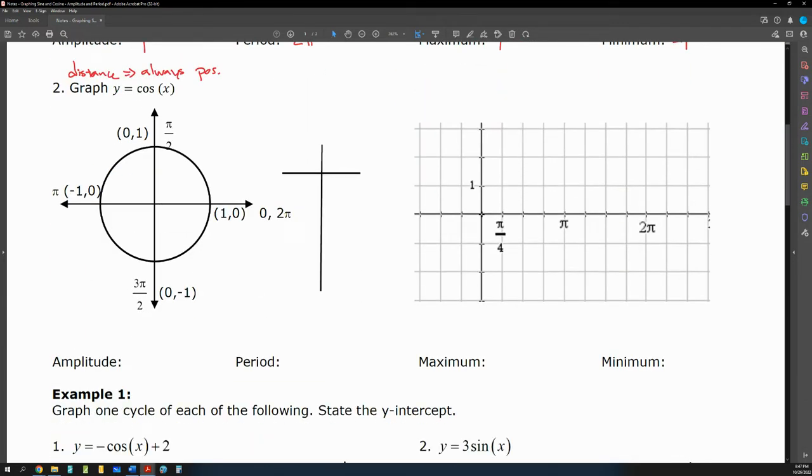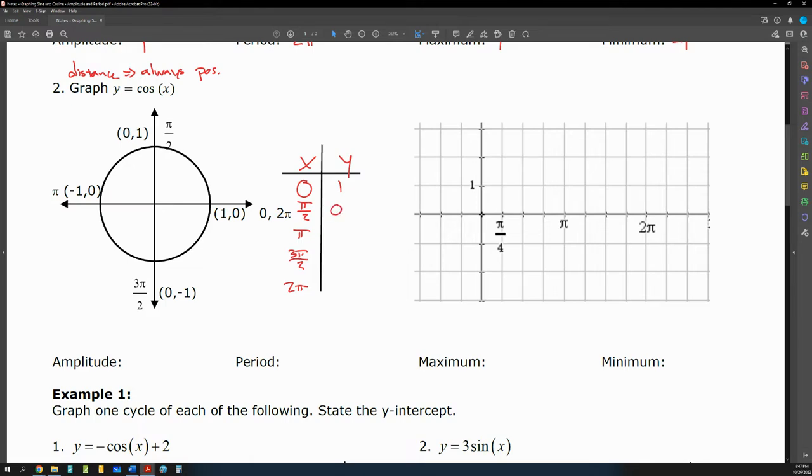So we'll start with y equals the cosine of x. We'll start by plotting a table of values, x, y. Again, we're going to choose our quadrantals, 0, pi halves, pi, 3 pi halves, and 2 pi. So the cosine of 0, the x value at 0, that's going to be 1. Cosine of pi halves, the x value at pi halves radians, the answer is 0.